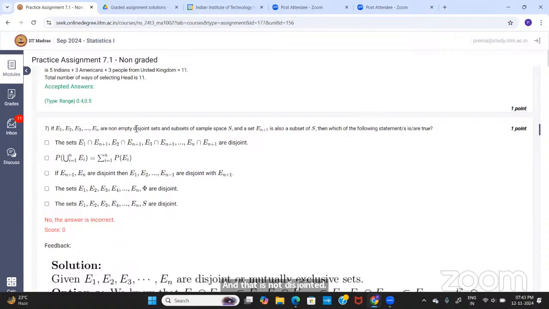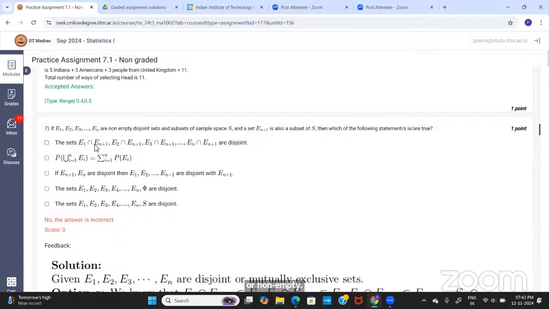See what is written: E1 up to En are non-empty disjoint sets and a subset of sample space S. And this is different: set En+1 is also a subset of S. But it is not written that En+1 is disjoint from these or non-empty. But it can be disjoint.